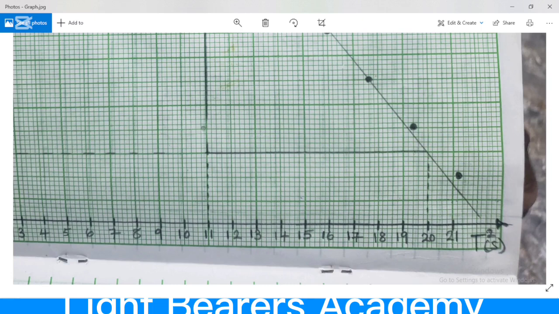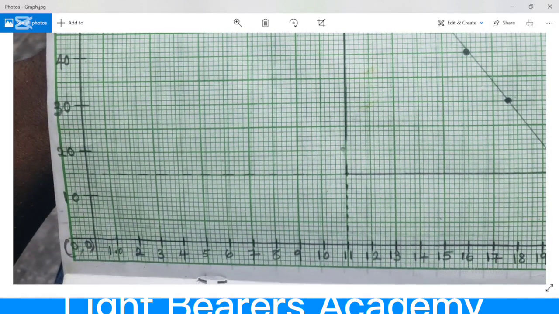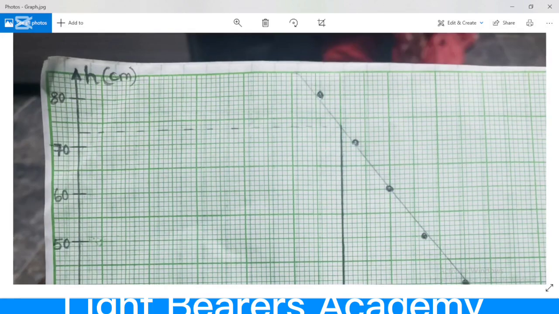And the point far away from the origin is known as t-square 2. So from our graph here, t-square 1 is 11 and t-square 2 is 20. h1 is 15 from the graph, and h2 gave us 73.